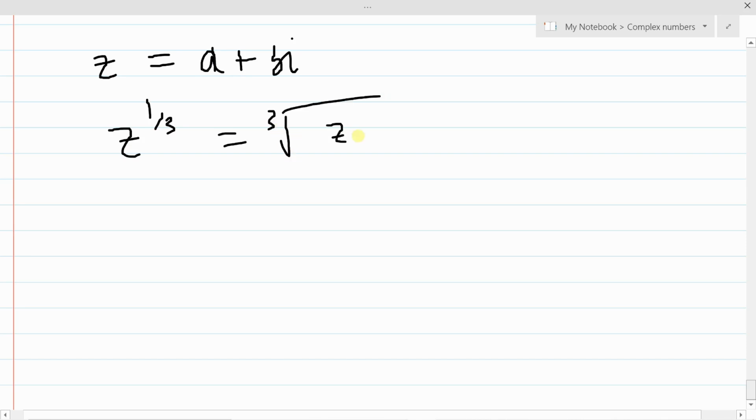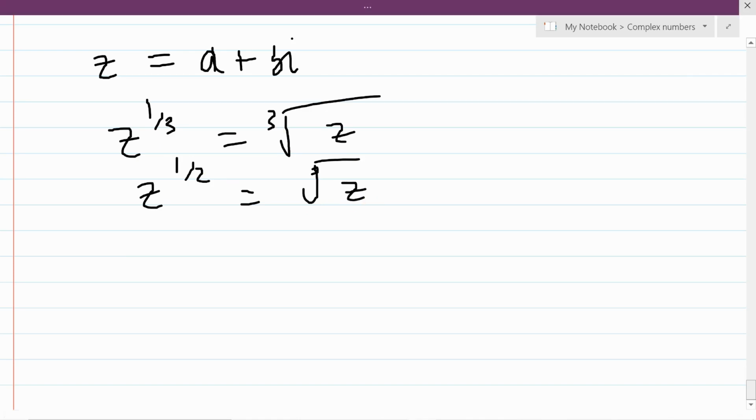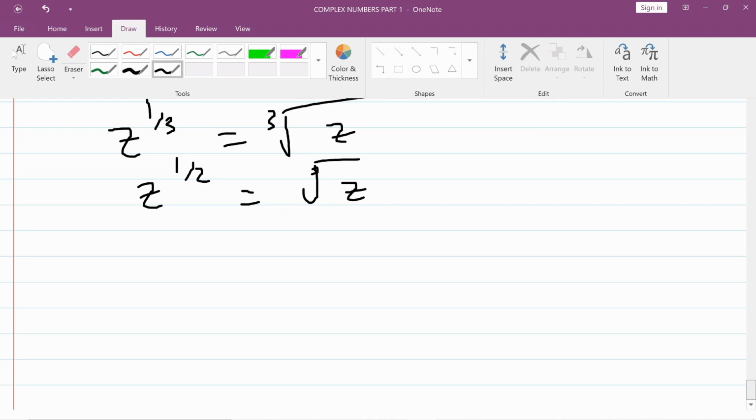If I have z equal to, let's say, a plus bi, and somebody asks me to find z to the power 1 over 3, this means the cube root of z, or z to the power 1 over 2, which is the square root of z. How do I do this?